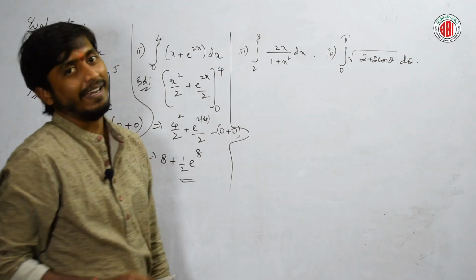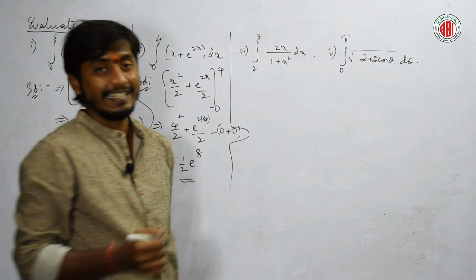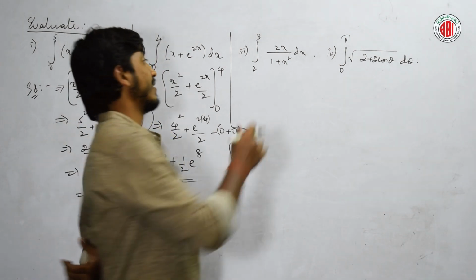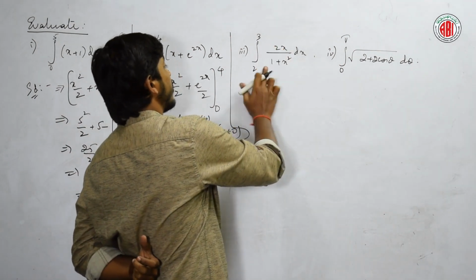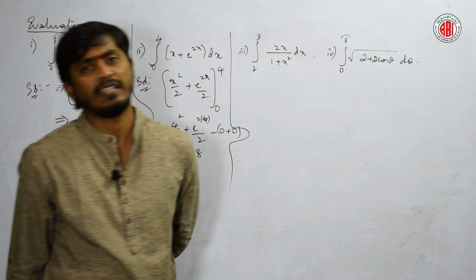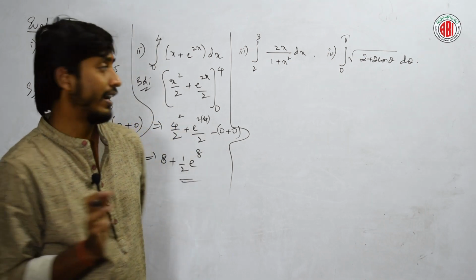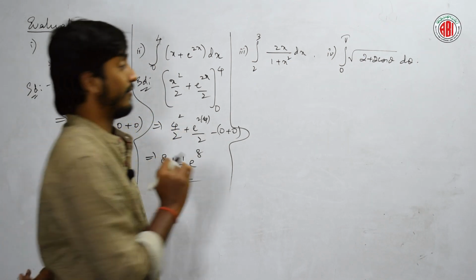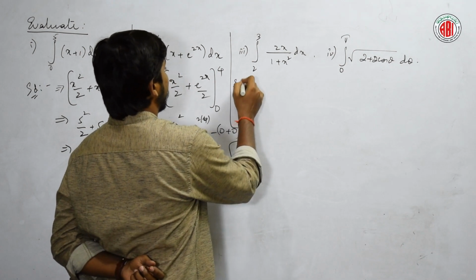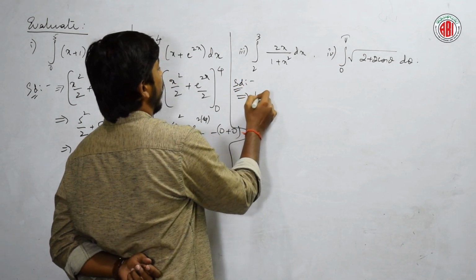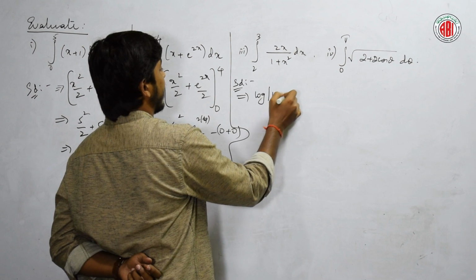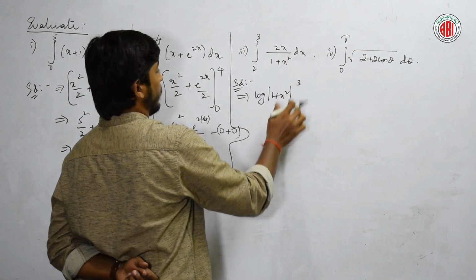2x by 1 plus x square. How do we integrate it? This is a direct formula which you know, that is, the numerator is the differentiation of the denominator, isn't it? From here I am going to write everything in the direct form itself. So the direct answer here is log of 1 plus x square from 2 to 3.